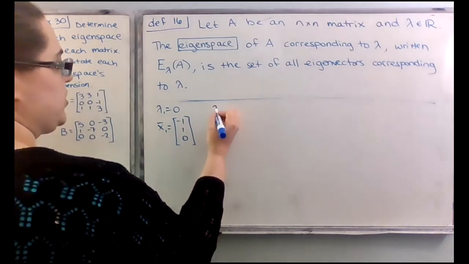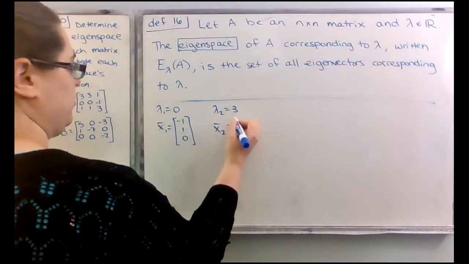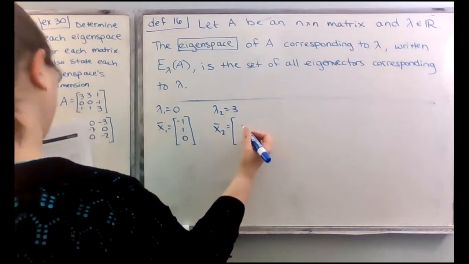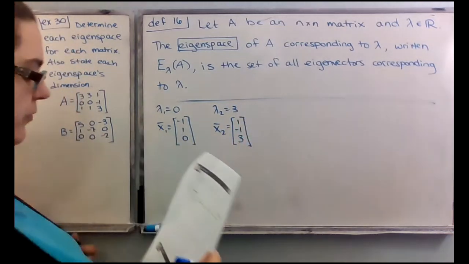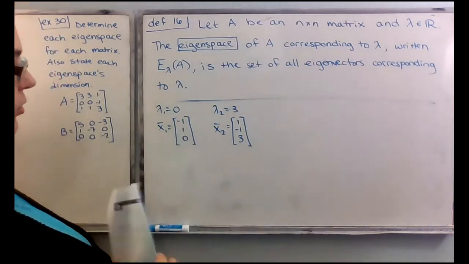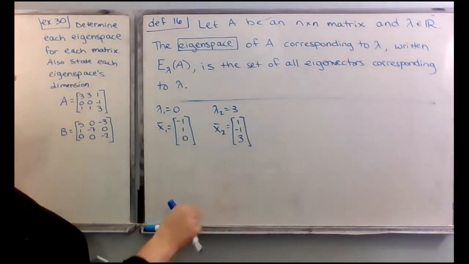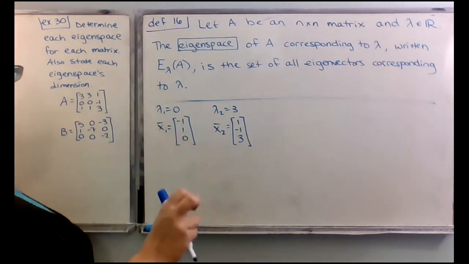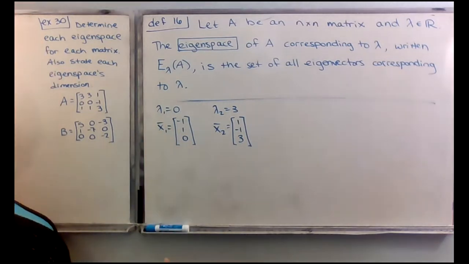And we had that lambda 2 was equal to 3, and x2, we saw we could get 1, -1, and 3. So if I'm going to state the eigenspace, then remember we could have any linear combination or any scalar multiple of each of these as an eigenvector.